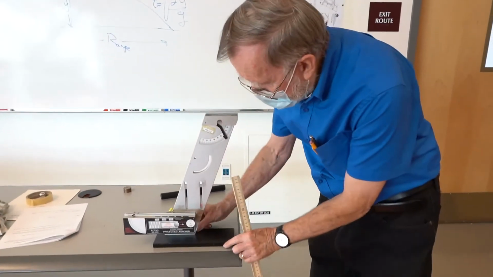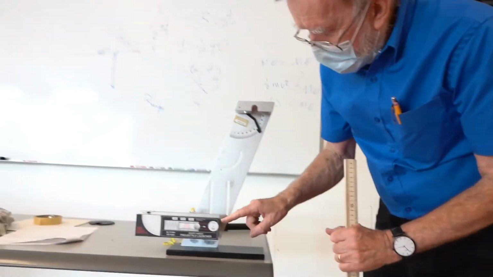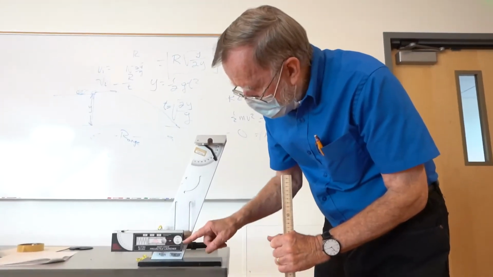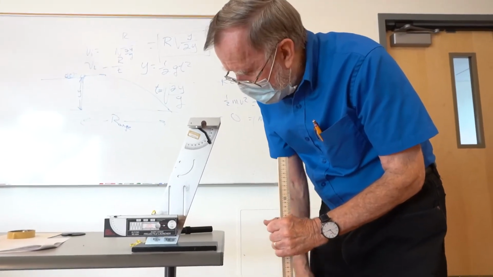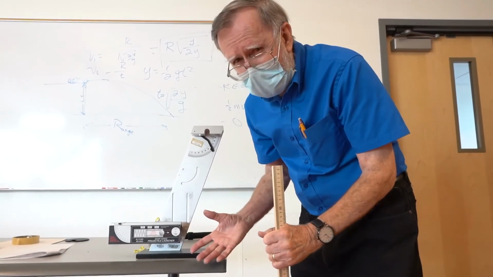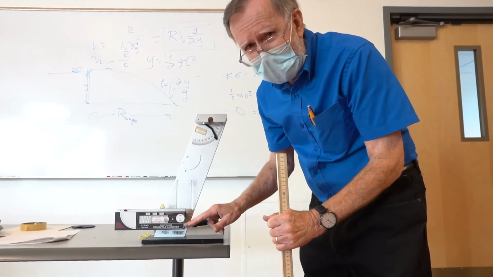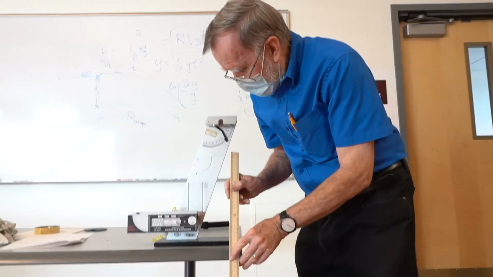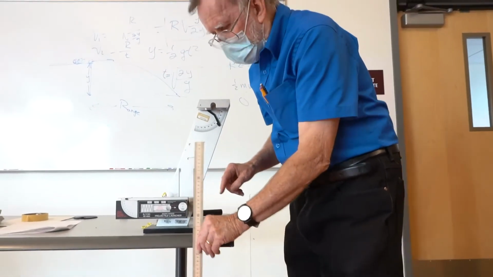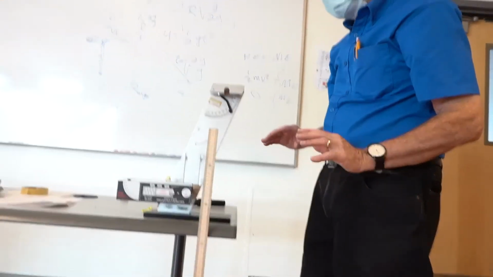What do we need to measure? The distance from the top of the ball to the floor, the middle of the ball to the floor, or the bottom of the ball to the floor? Well, which part of the ball is touching the floor? It's the bottom, right? So we're going to have to measure the distance from the bottom of the ball to the floor. Now here's a possible source of measurement error.